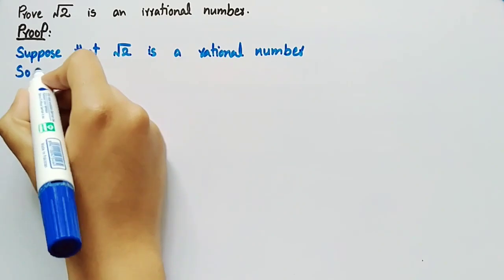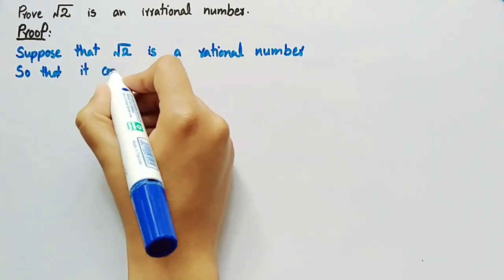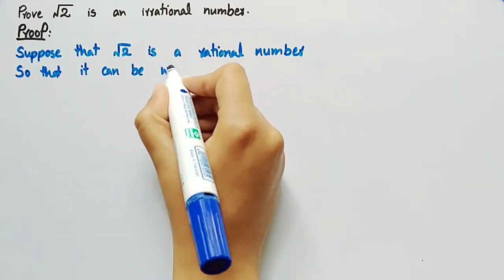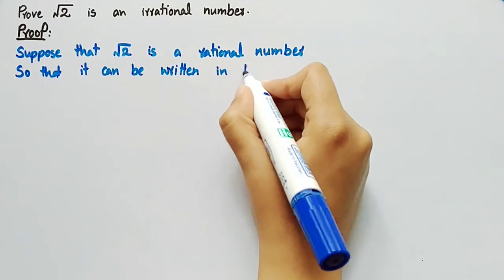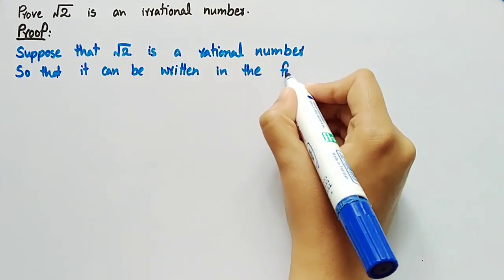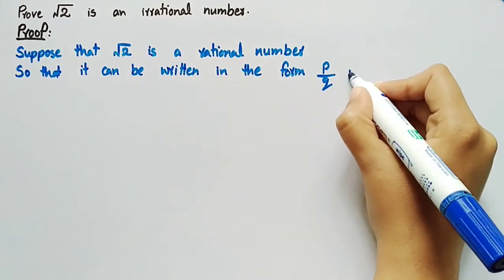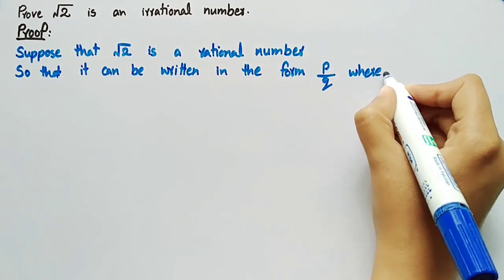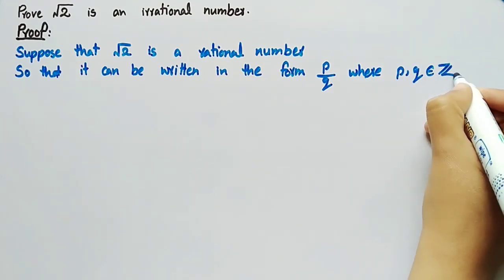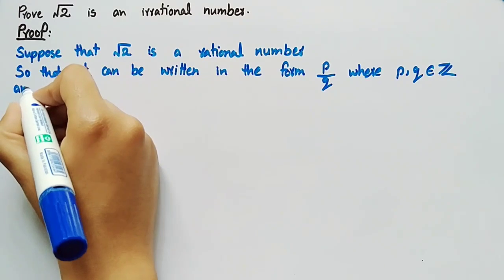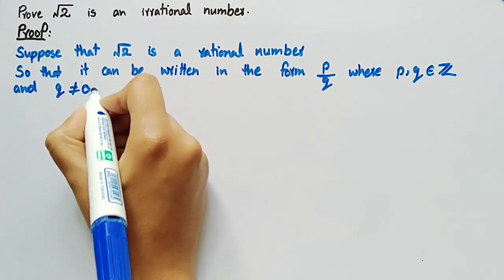So that it can be written in the form P by Q, where P and Q belong to the set of integers and Q is not equal to 0.